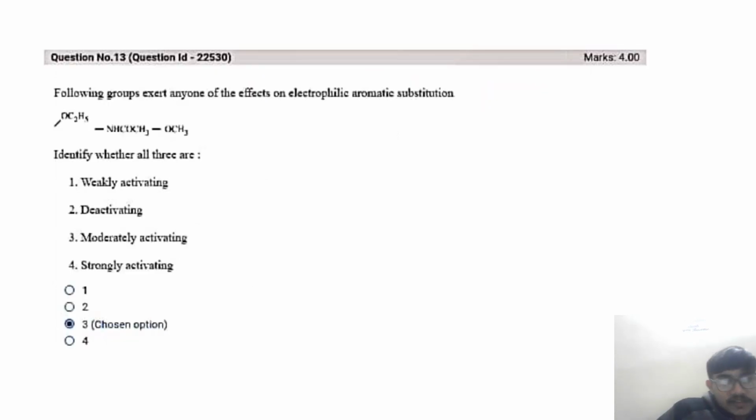Now this question is from the mesomeric and inductive effect, mostly from the mesomeric effect. In case of the mesomeric effect, I have also mentioned the M plus and M minus groups.